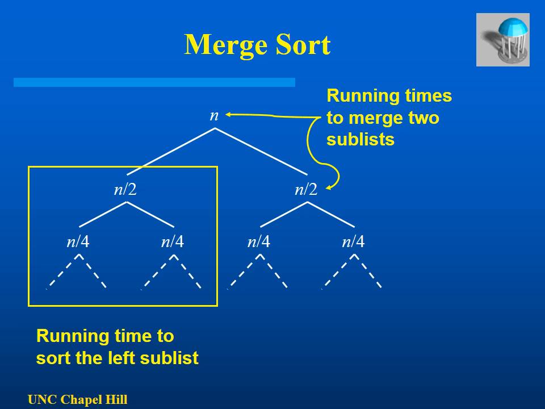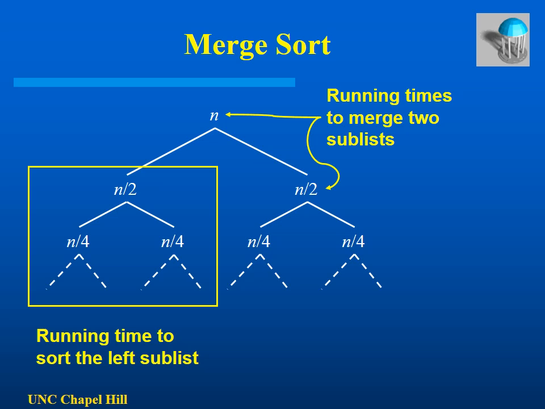Now, at the next level, the n over 2 takes n over 2 time to merge, plus, moving down a level, t of n over 4 plus t of n over 4. And this other n over 2 likewise requires n over 2 to merge plus t of n over 4 plus t of n over 4.